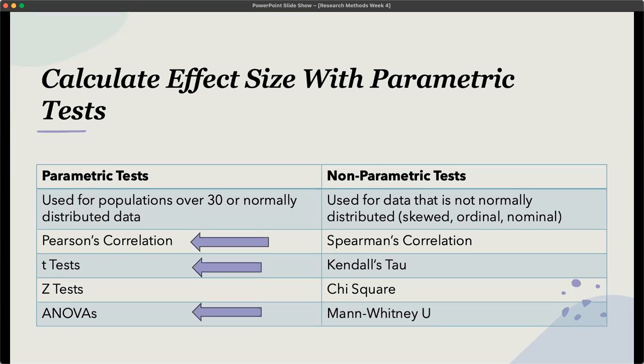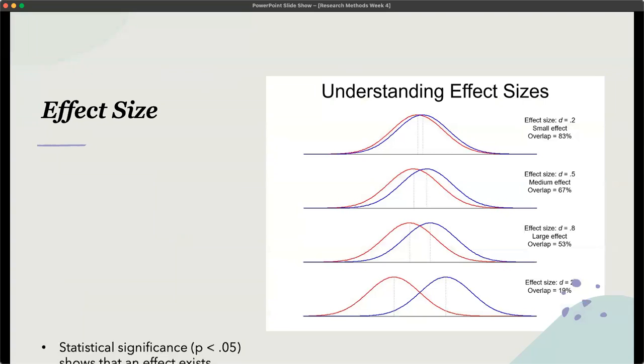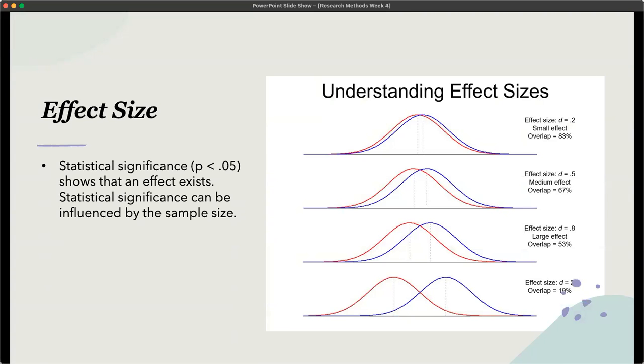We know that we're going to report the effect size with our parametric test, but what exactly is it? Well, when we look at the statistical significance, so when we complete a t-test or an ANOVA, we're going to find whether the results are statistically significant. That means the p-value is less than 0.05.